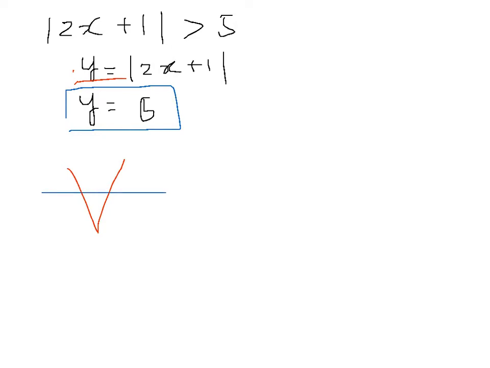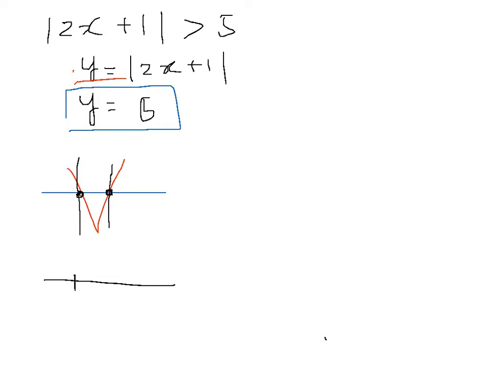The question is asking, when is the graph of the absolute value greater than 5? So we are looking at the zone where this statement is true. We have two intersections and three zones.